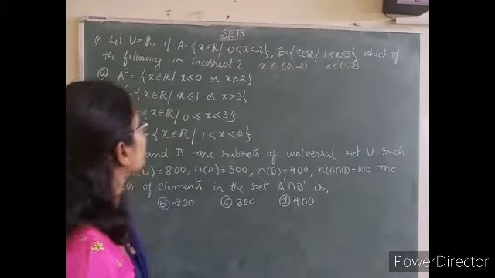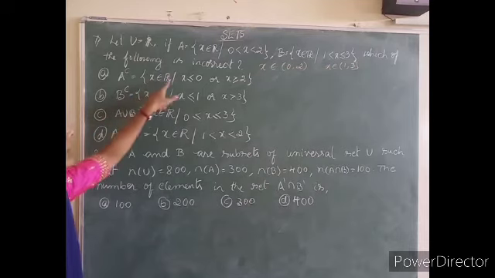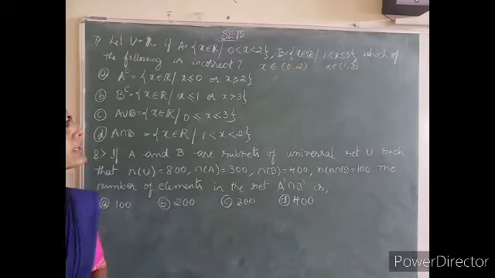The first option, A to the power c, is nothing but A complement or A dash, which has the set of all x such that x is less than or equal to 0 or x is greater than or equal to 2.